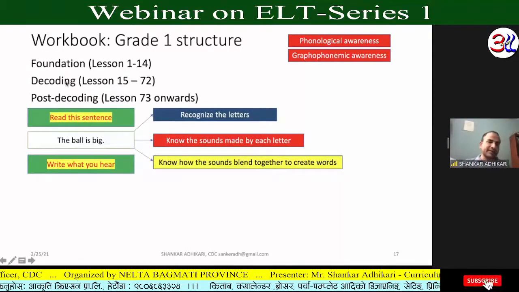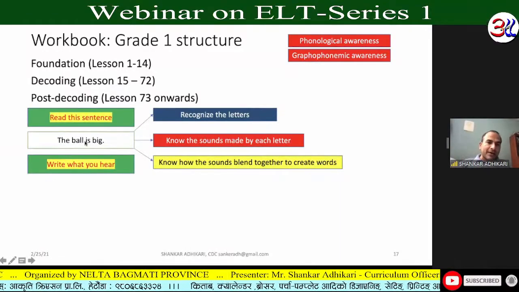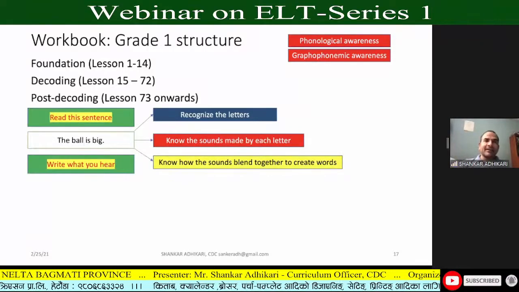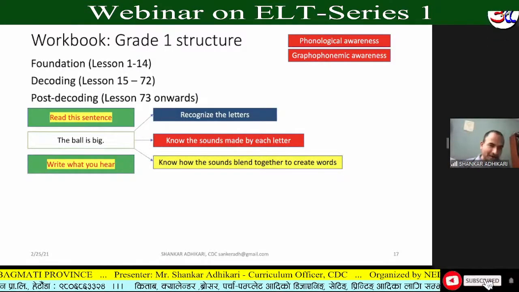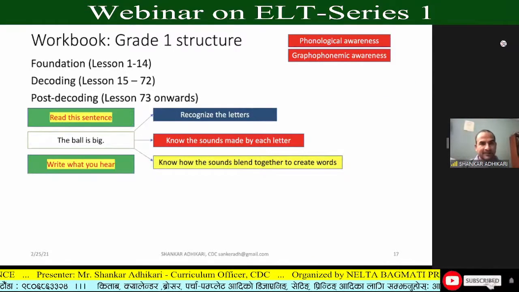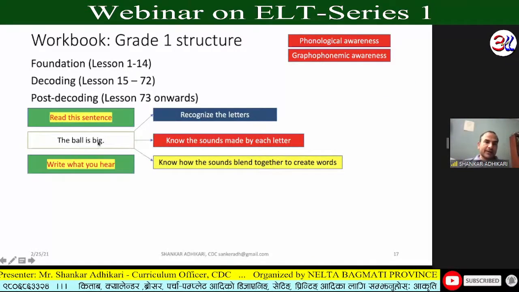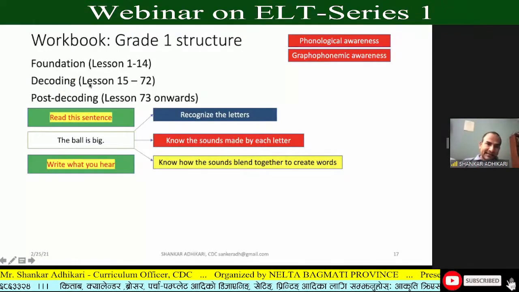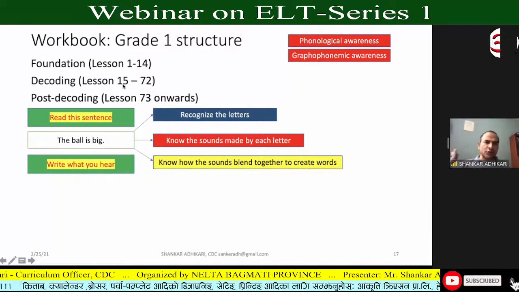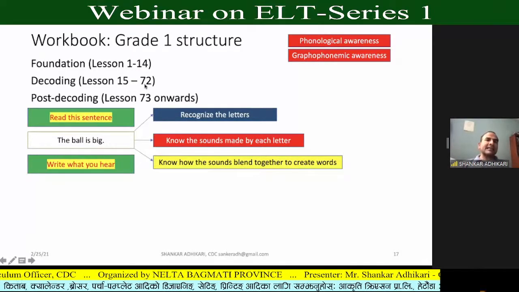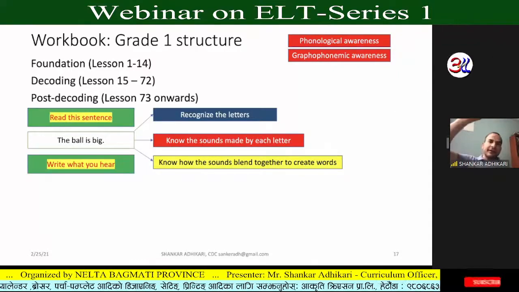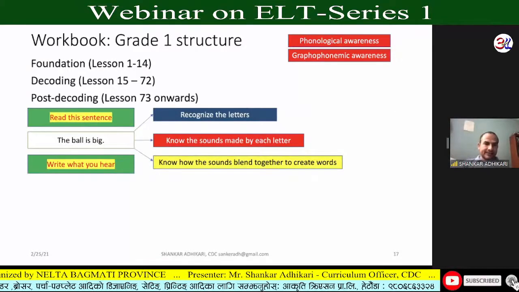You were decoding at sentence level, but if you are given a single word, that decoding takes place at word level, right? That stage spreads from lesson 15 to 72, and is particularly focused on the alphabet theme, and there are altogether 58 lessons, right?